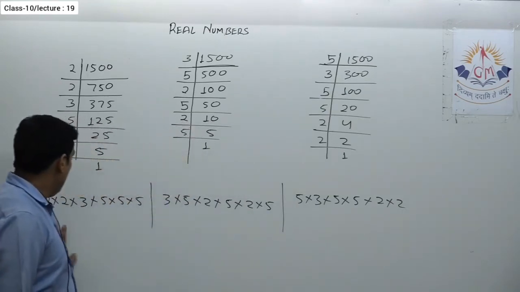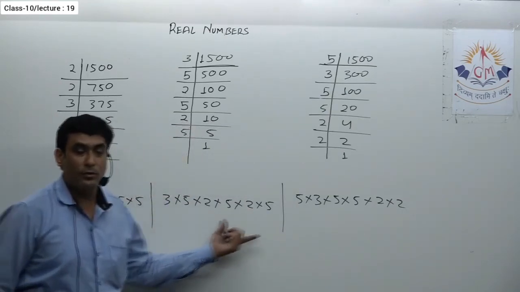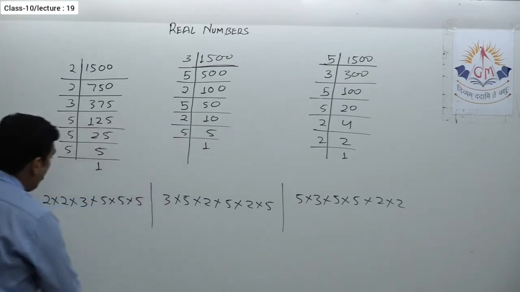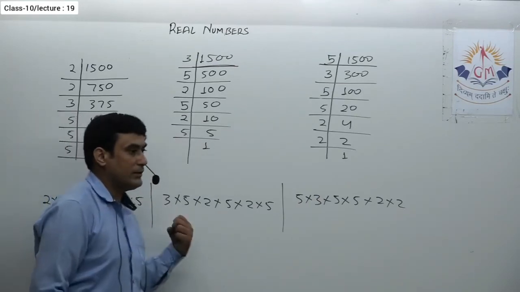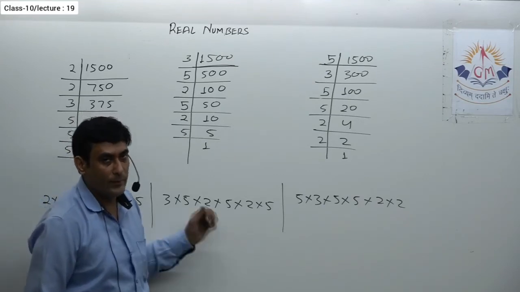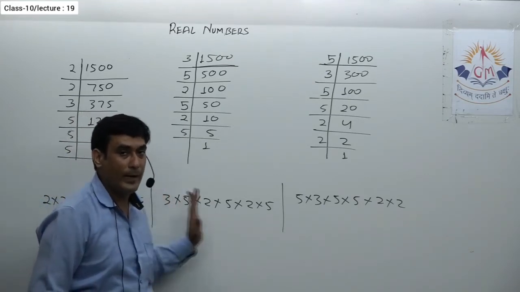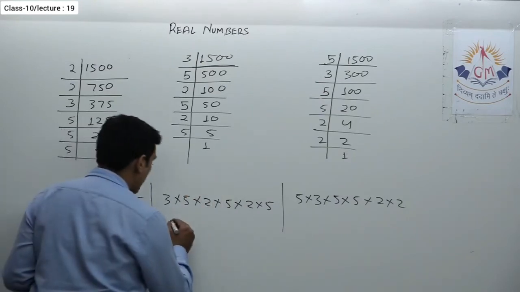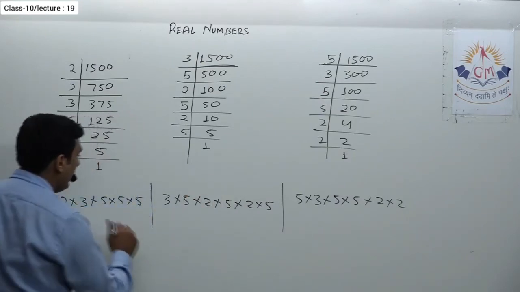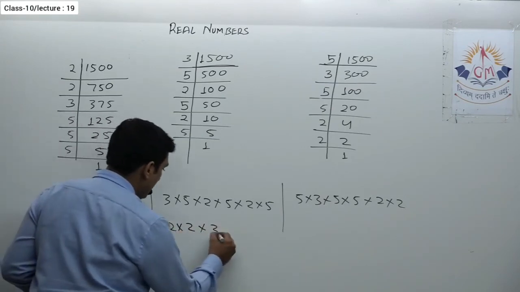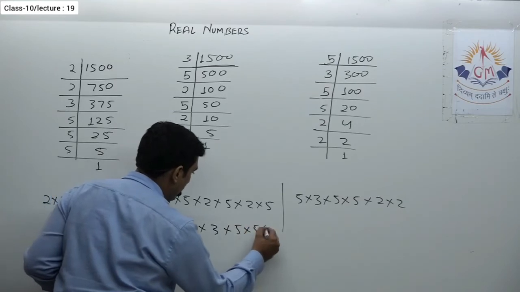So these factors at first look different, but if I make their order the same, that means first I write the smallest prime number, then a little bit greater prime number, that is, if I write all the prime factors in increasing order, let us see what I will get. Here it is already that way. Here it will be 2 into 2, then 3, then 5 into 5 into 5.